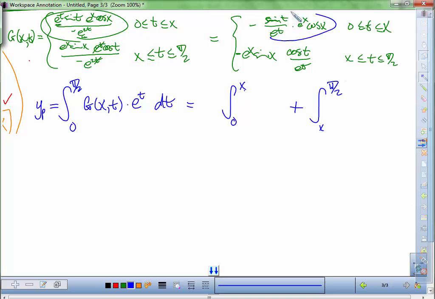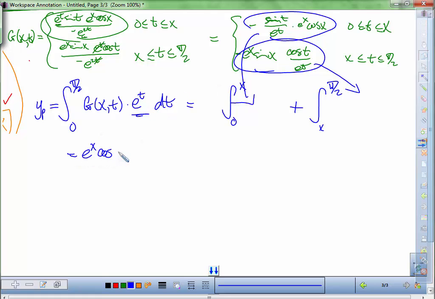So now I'm going to pick up these functions and drop them into the appropriate places. Oh, and I also have to multiply by e to the t. As I do that, I'm just going to take all the x's outside of that integral. So here's how it's going to look. e to the x cosine x gets taken out of that first integral, going from 0 to x. So what do I have left? I have minus, I should take that negative sign out as well.